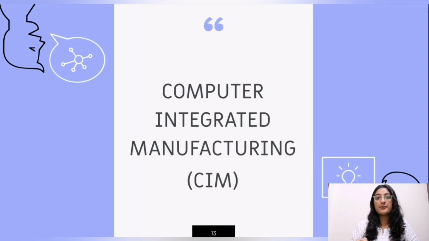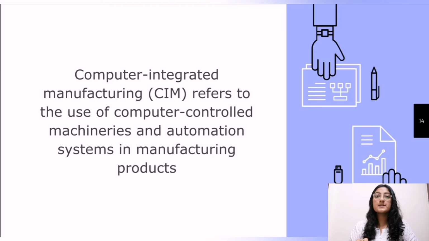Computer integrated manufacturing, or CIM, refers to the use of computer controlled machinery and automated systems in manufacturing products. CIM basically combines various technologies like computer aided design and computer aided manufacturing, CAM, which provides an error-free manufacturing process that reduces manual labor and automates repetitive tasks.